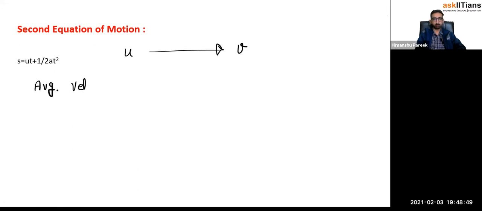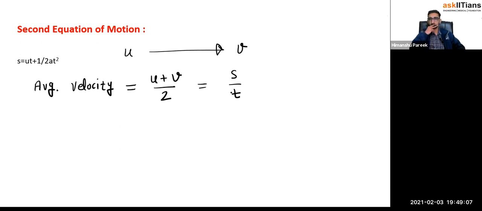Average velocity, for a uniform acceleration, I mean when acceleration is constant, in that case I can write it as u plus v by 2. That's the average velocity. I know that this is equal to displacement upon time. Velocity is equal to total displacement upon total time. So now S is equal to, by cross multiplication of time, u plus v over 2 multiplied by time.